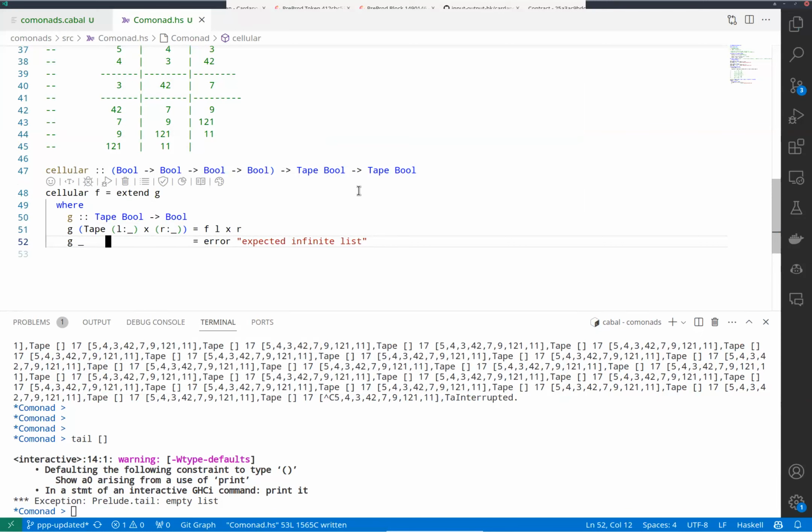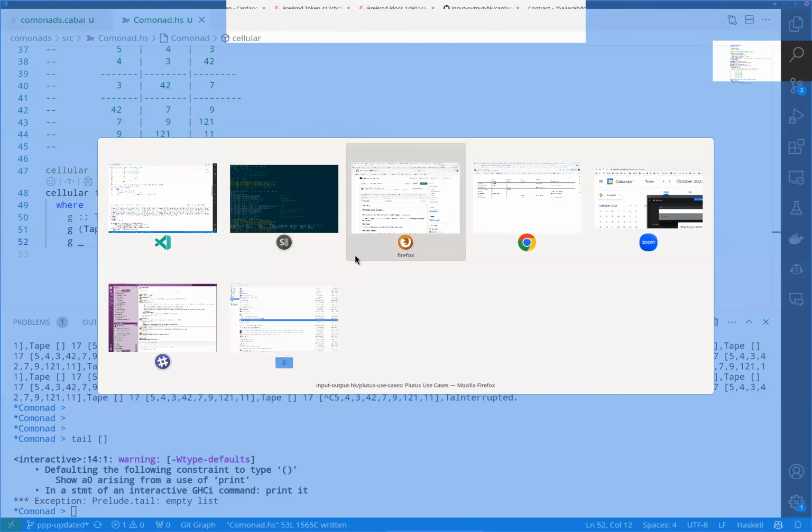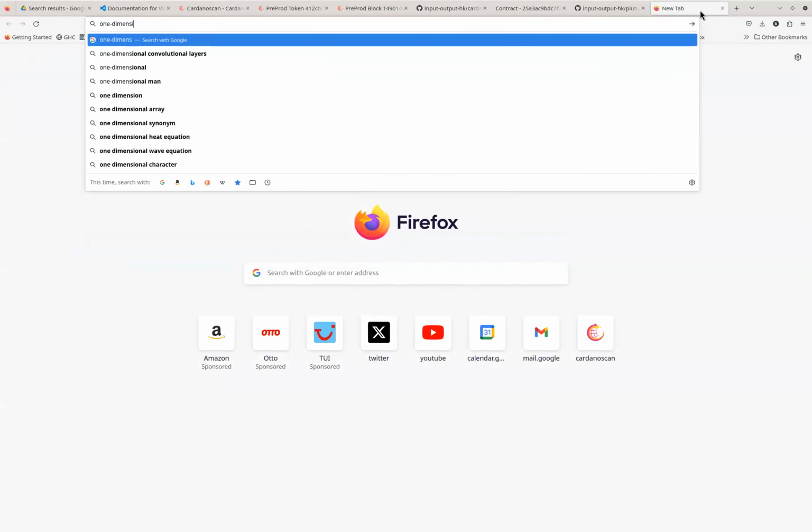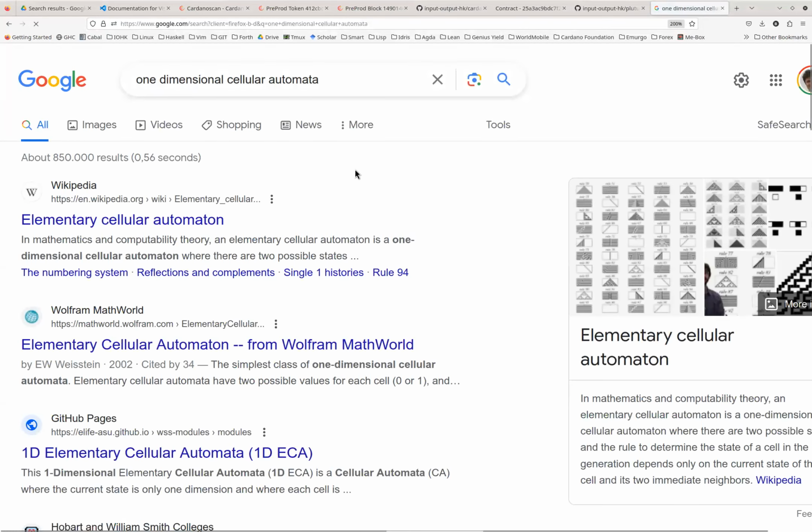Okay, and now in order to try it, of course, we need some rule and some example tape. So I don't know, let me just Google that quickly. One-dimensional cellular automata.